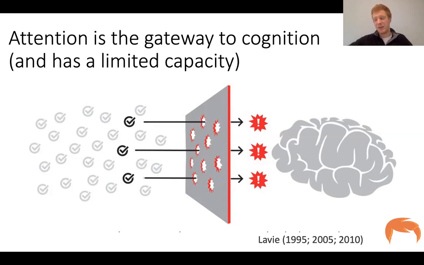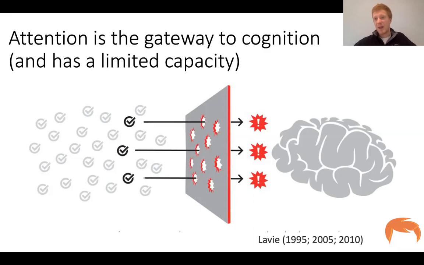If that attentional capacity is being filled by task irrelevant material, then it's highly likely that there will be almost no processing whatsoever of anything else. It just won't get in. So if your attentional capacity is filled by task irrelevant material, the task relevant material that you want that student to focus on will probably not be processed at all.